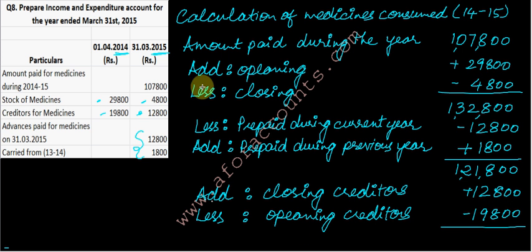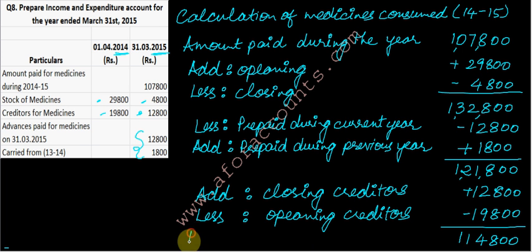So one adjustment is done for your stock, one for your creditors, and one for your prepaid during the current year and the previous year. So the amount here is 114,800.